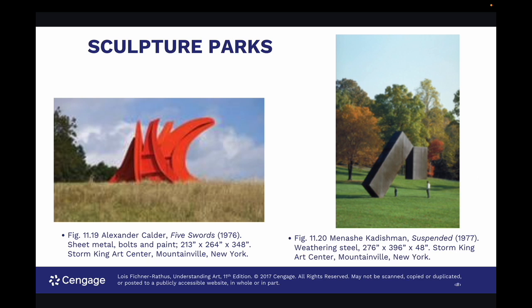They are big metal sculptures, and like I mentioned, they are sculptures that live outside all the time. So over time, the weather and temperature affect them. Things might start to collect on them, and so the sculpture park has that opportunity to either clean them off or just let nature do its thing.